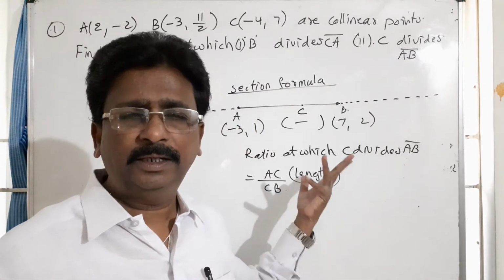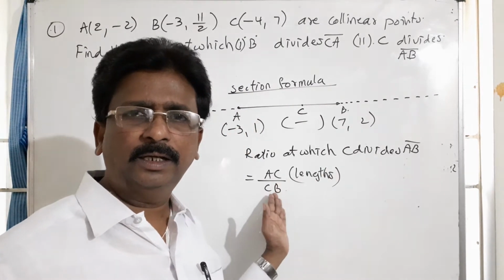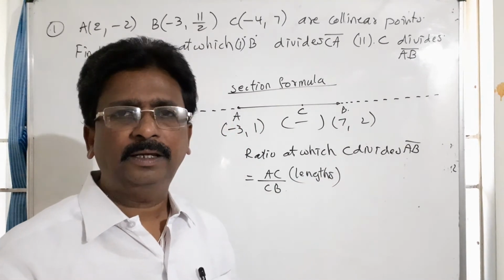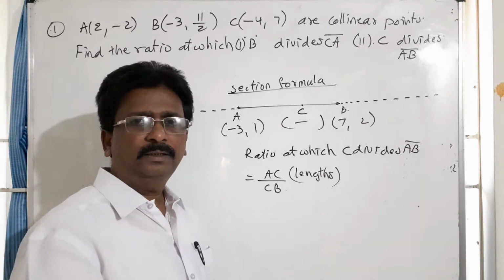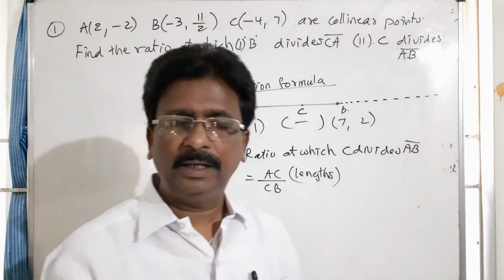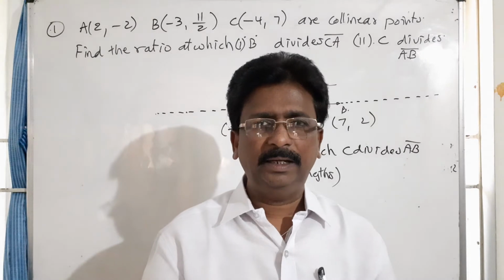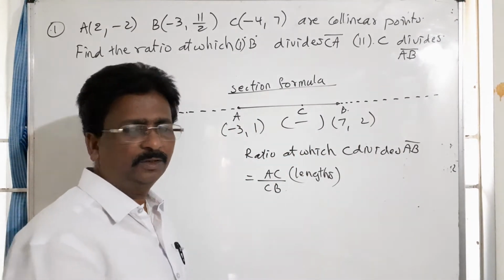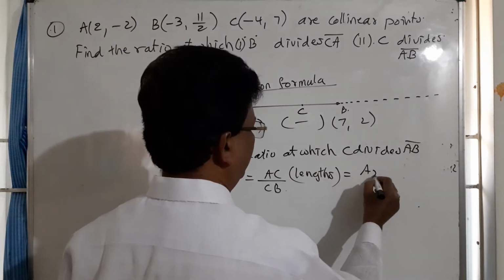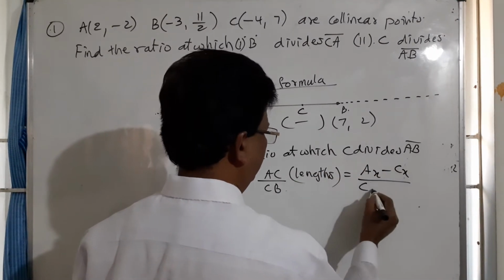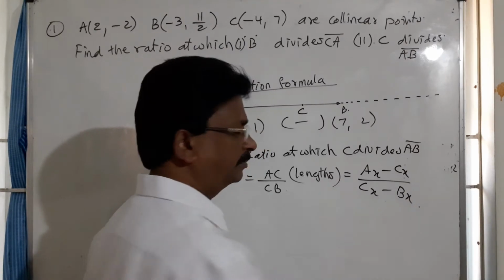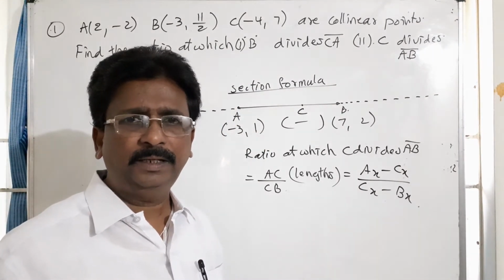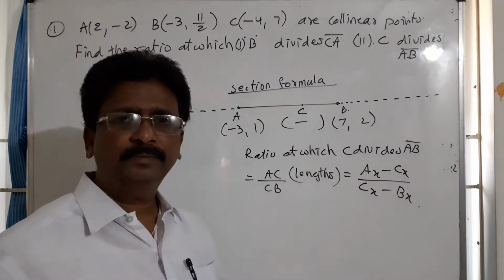The ratio is AC by CB, which is the same as the difference of the x coordinates of A and C divided by the difference of the x coordinates of C and B. So the ratio is (Ax - Cx) / (Cx - Bx), which is also AC length by CB length.